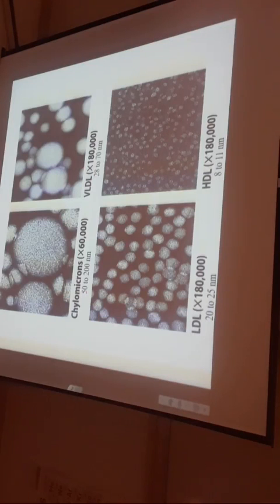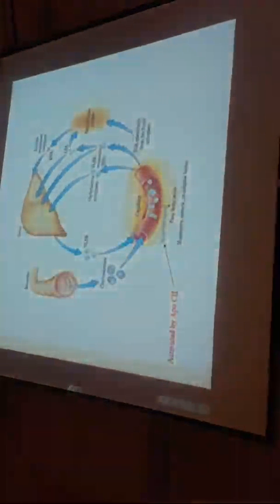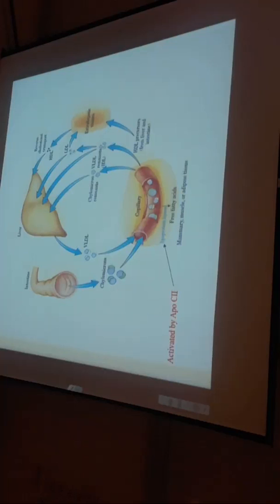If we had the same magnification, they would actually be 3 times larger, so they are relatively huge compared to the other lipoproteins. Very low density lipoproteins have about 28 to 70 nanometers diameter, and then they get smaller, low density lipoproteins and high density lipoproteins. So let's take a look at this overview. I'll walk you through it.